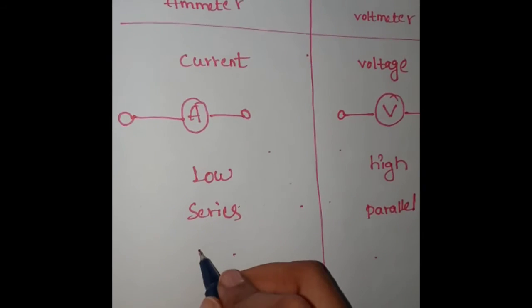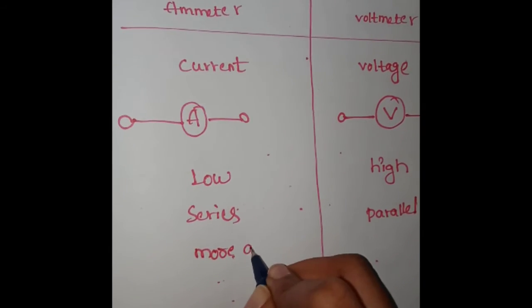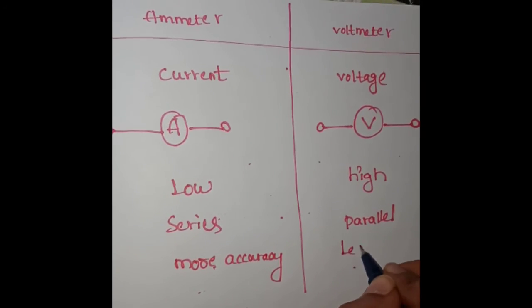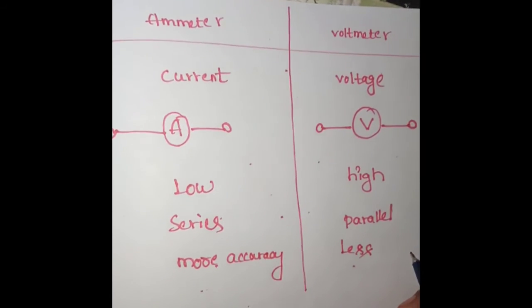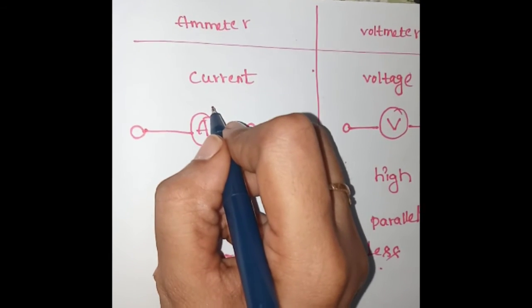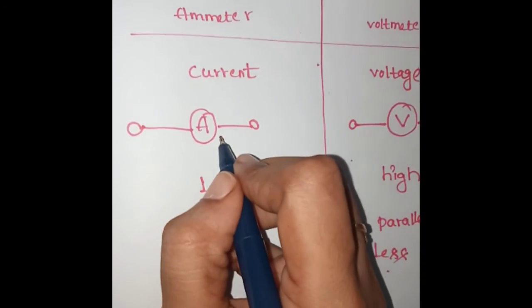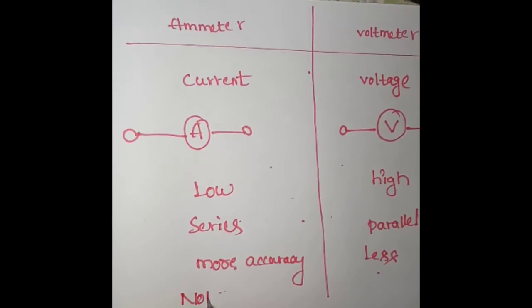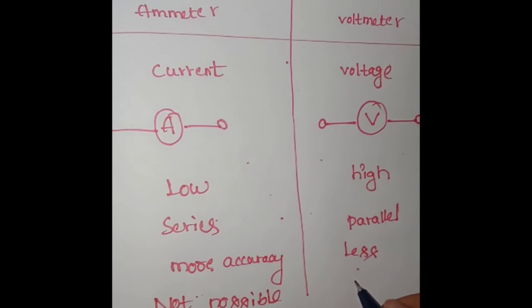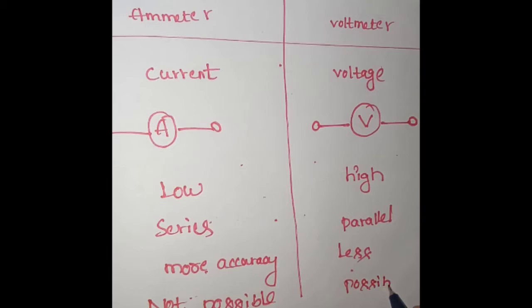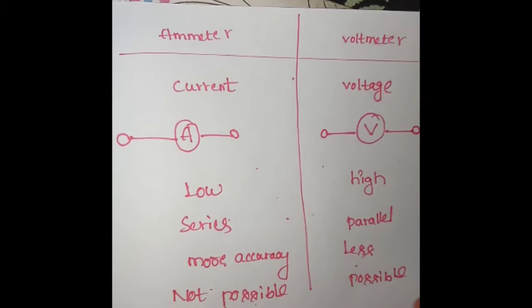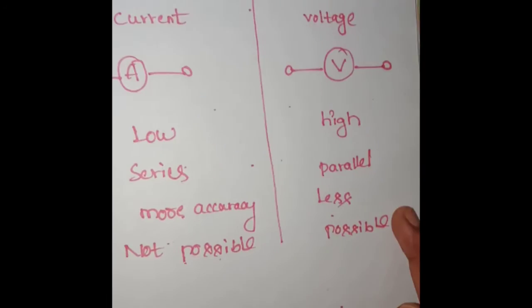An ammeter has more accuracy compared to a voltmeter, but a voltmeter has less accuracy compared to an ammeter. Changing the range is not possible in an ammeter, but in a voltmeter it is possible, here the changing of ranges is possible. This is the main basic difference between the ammeter and the voltmeter.